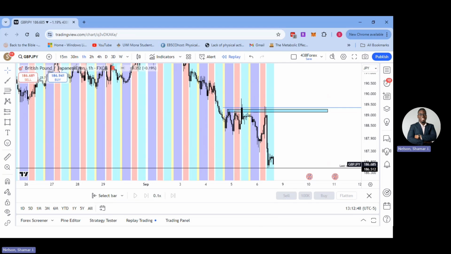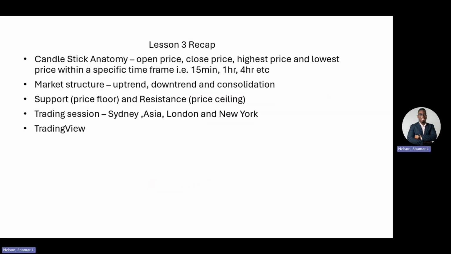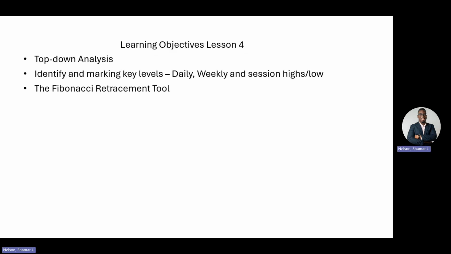Let me just see what exactly I've covered so far. So we went through top-down analysis. Top-down analysis is where you try to determine a directional bias using the higher time frames.